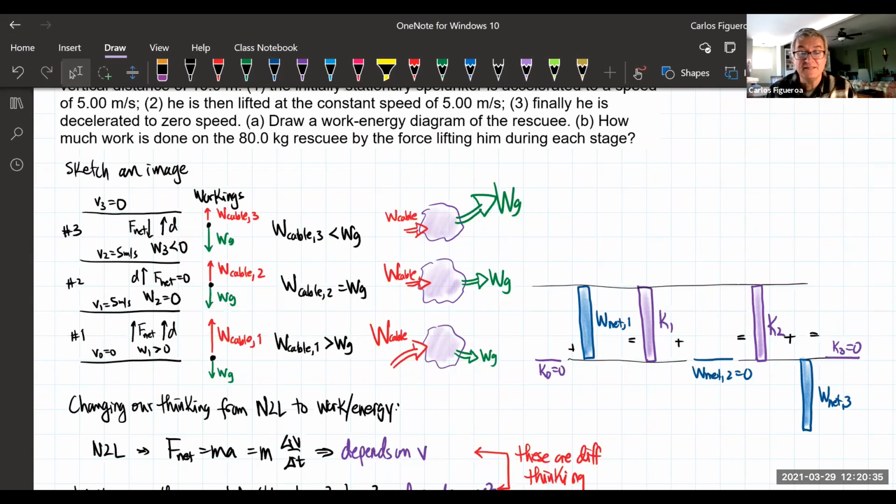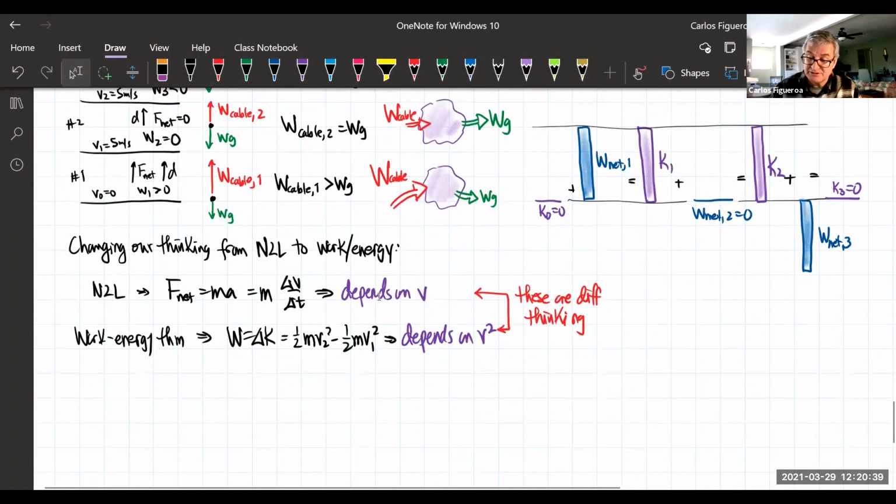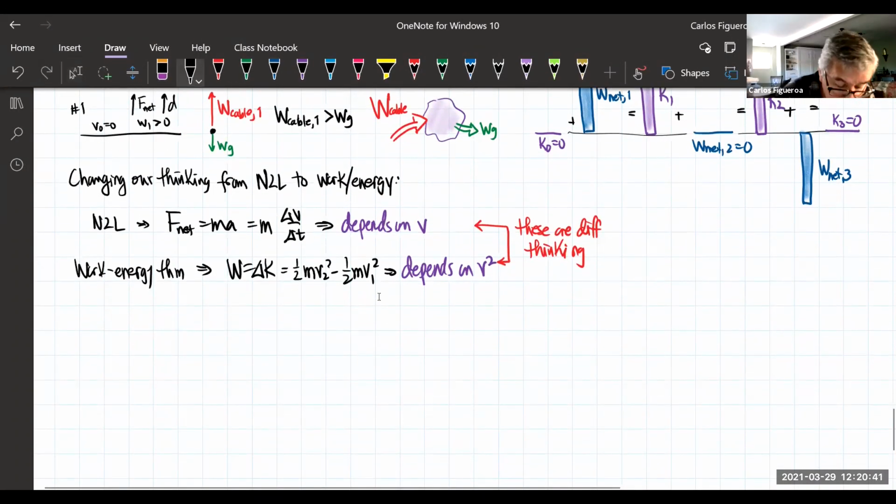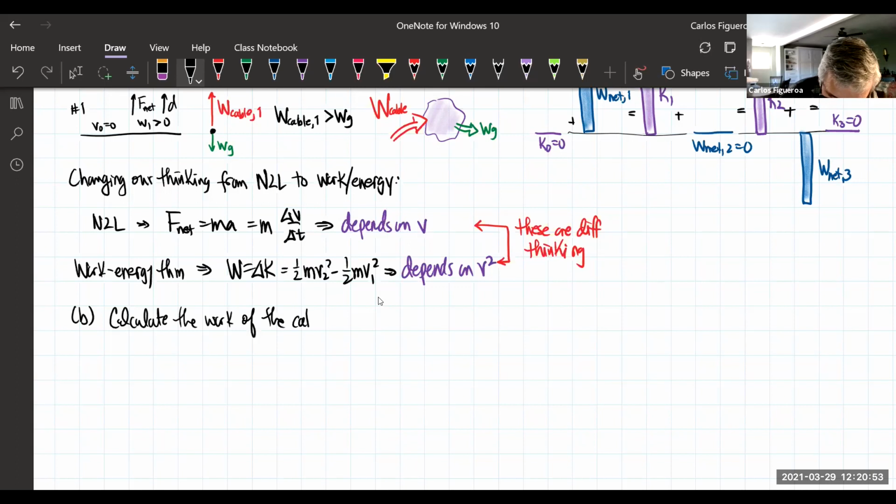Ooh, that's not what I was thinking the question was. But the picture doesn't change. So here we go. In B, we want to calculate the work of the cable in each stage.